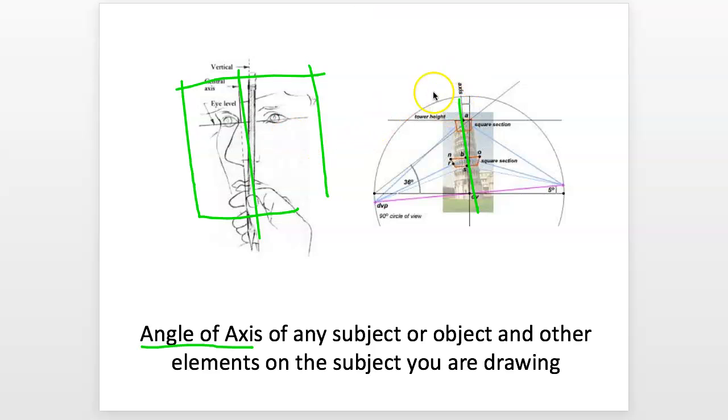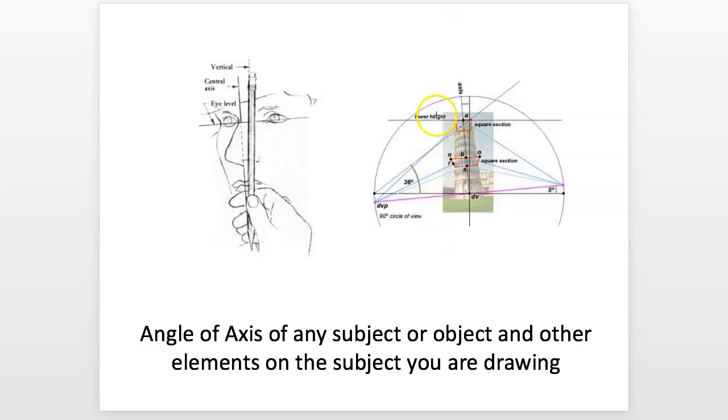Say, let's draw this. You have the Tower of Pisa right there, or this face. You have a box in it. If you try to draw the axis line like this, then your whole thing is going to be off the whole time by this much, right? By that many degrees.